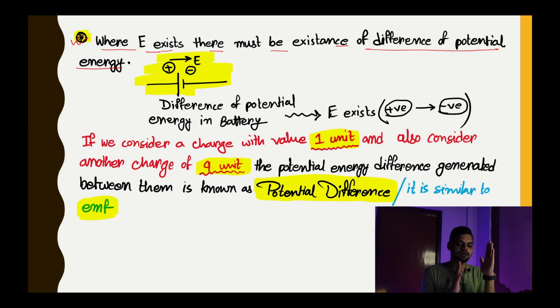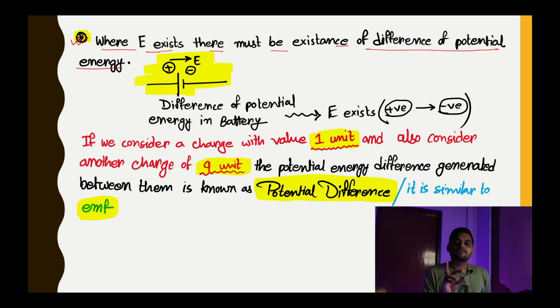We know the electric field lines go from anode to cathode, from this direction, anode to cathode. So when we have higher potential energy and lower potential energy, in between we will have electric field lines from higher potential energy to lower potential energy.